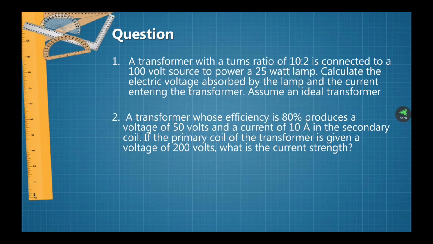Calculate the electric voltage absorbed by the lamp and the current entering the transformer. Assume an ideal transformer. A transformer whose efficiency is 80% produces a voltage of 50 volts and a current of 10 amperes.